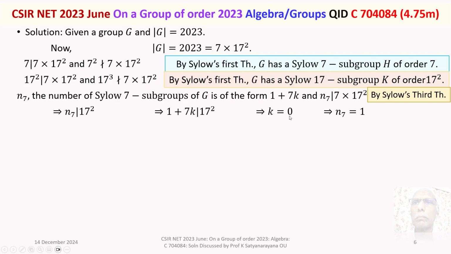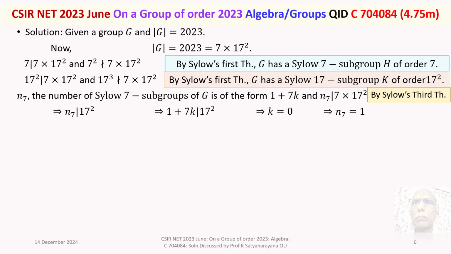So k equal to 0 means 1 plus 7k becomes 1. That means n7 is 1. That means there is exactly one Sylow 7 subgroup H of order 7, a unique Sylow 7 subgroup.